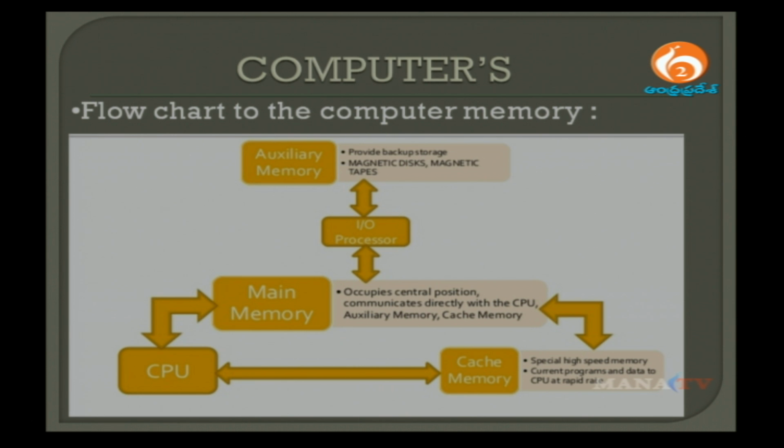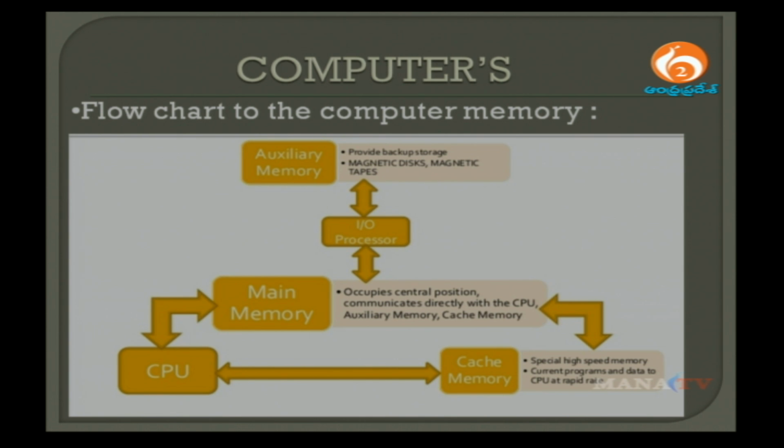When I speak about the main memory, it occupies the central position and communicates directly with the CPU, auxiliary memory and cache memory. And cache memory and main memory deal with the CPU, where cache memory is a special high speed memory that supplies current programs and data to the CPU at a rapid rate.